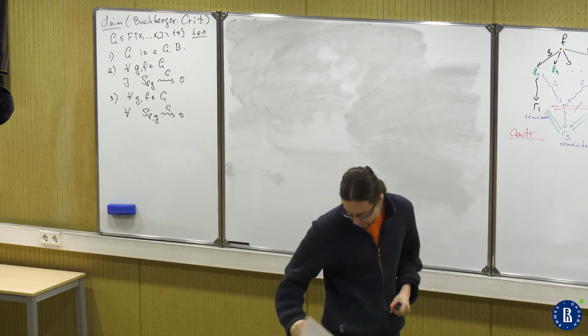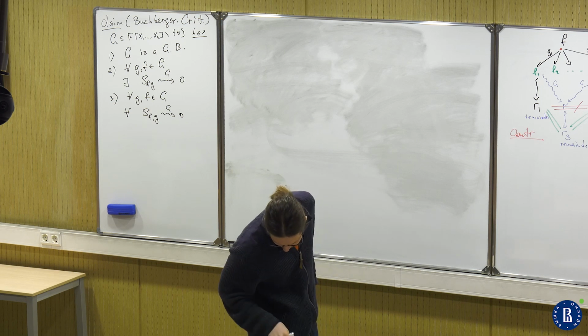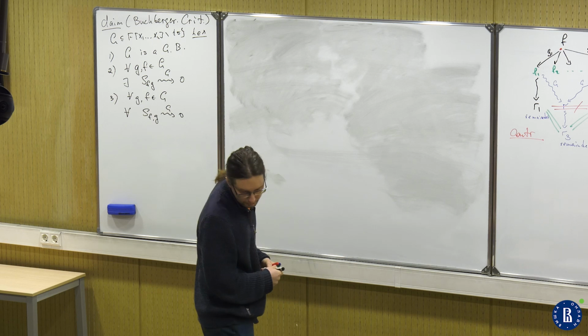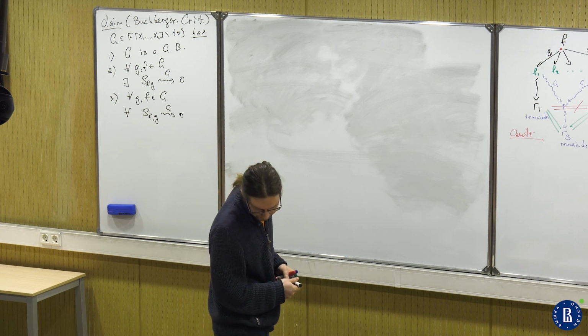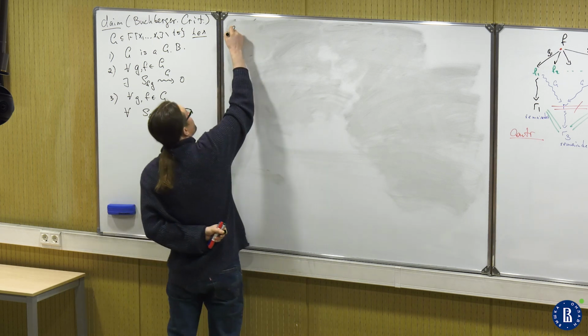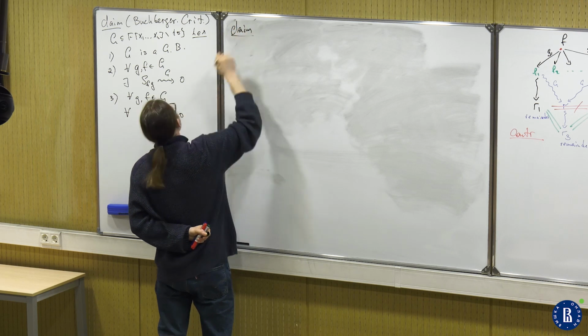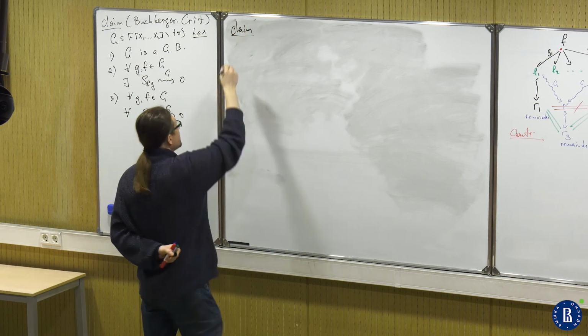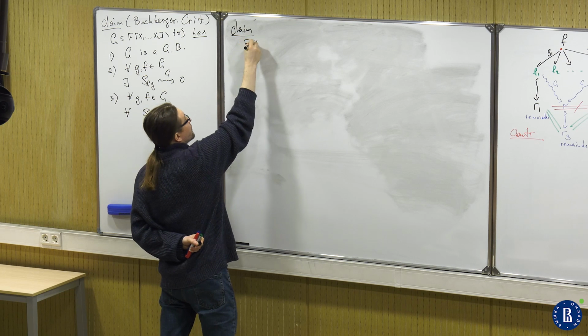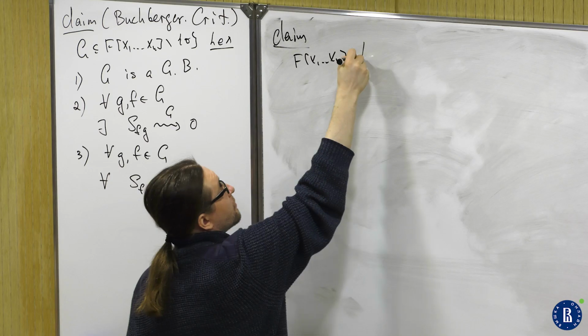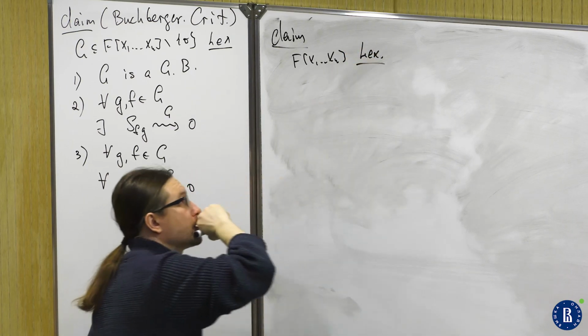So what's written here? The statement, if I multiply and the difference. Okay. Well, a technical lemma, the claim. We have the set of polynomials and lexicographical ordering fixed.